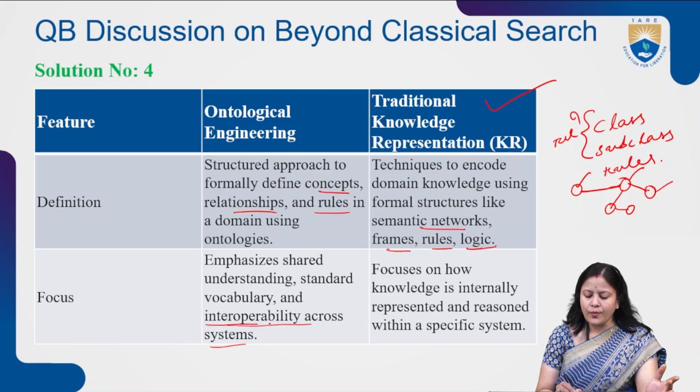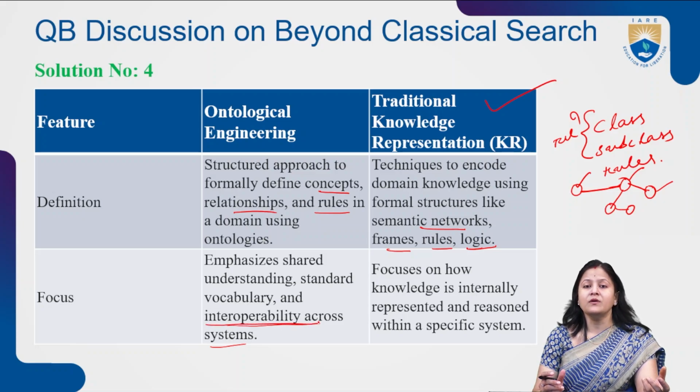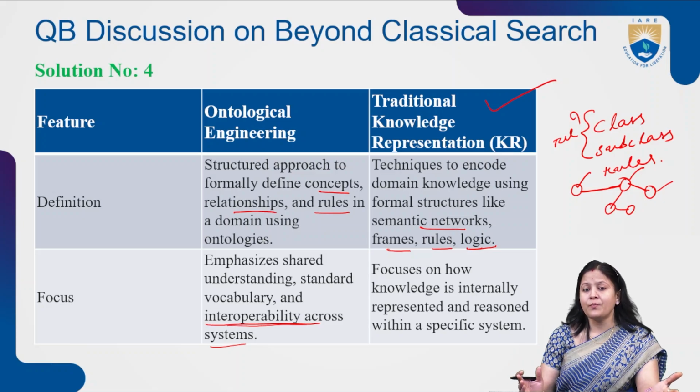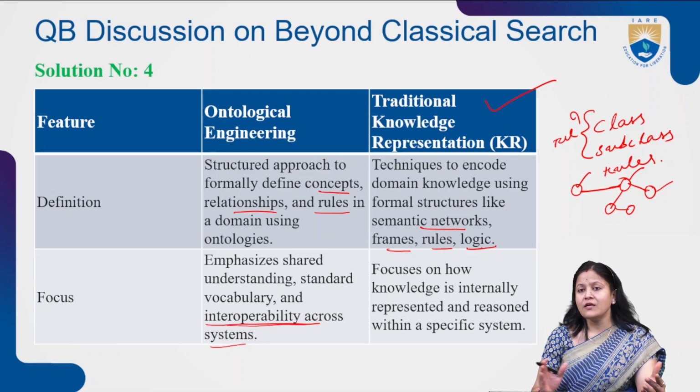Interoperability means that irrespective of any domain or any AI application, they can share the knowledge, because a standard vocabulary is used. Just as we write code using HTML, DHTML, JavaScript or VBScript, similar code is used to represent the knowledge over the web. So that is called ontological engineering. As it can be represented over the web, knowledge can be shared among different applications. That particular term is called interoperability.